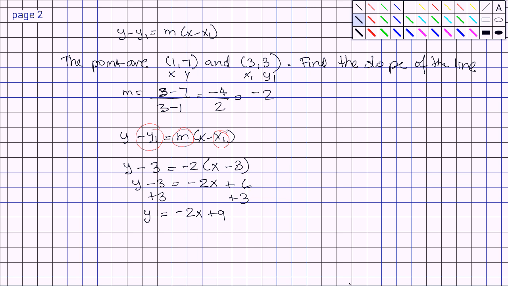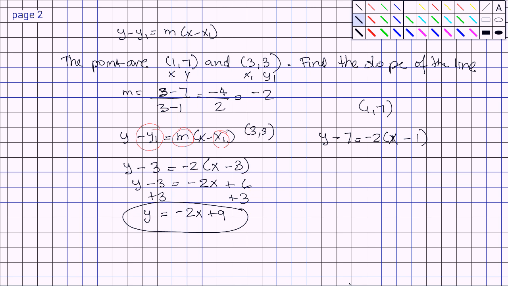Notice that in this case, we chose to use the coordinate point (3, 3). Now we can also use the point (1, 7), and you will come up with the exact same equation of the line in slope-intercept form. So let's try it out. Now I have y minus 7 equals, the slope does not change, so we can just write negative 2 times x minus 1.